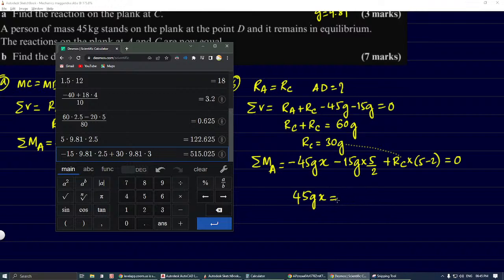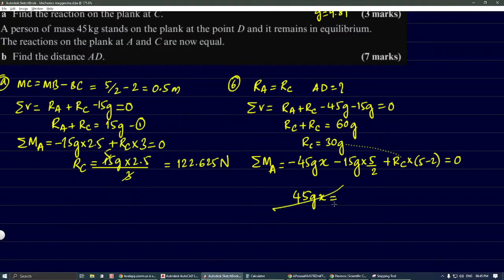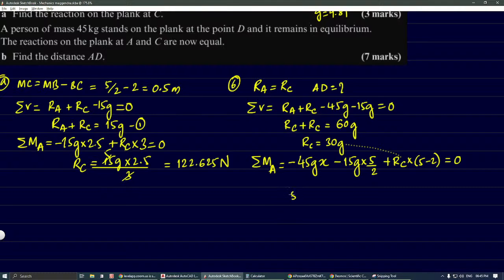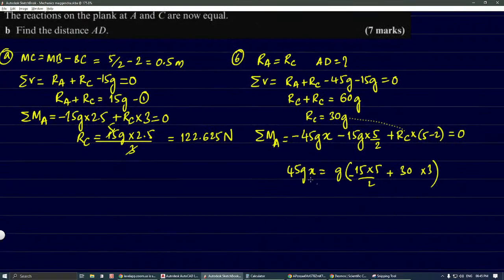Then the g value will cancel everywhere, right? So instead of taking it like this, let's keep it. 45gX equals, if we take g common, 15 into 5 by 2, this is negative, plus RC, which is 30g into 3. g has gone out, so g will cancel. We will get the value of X.